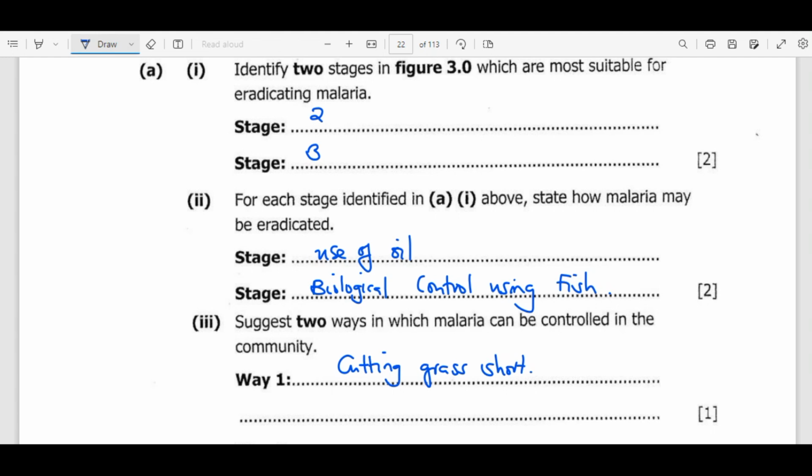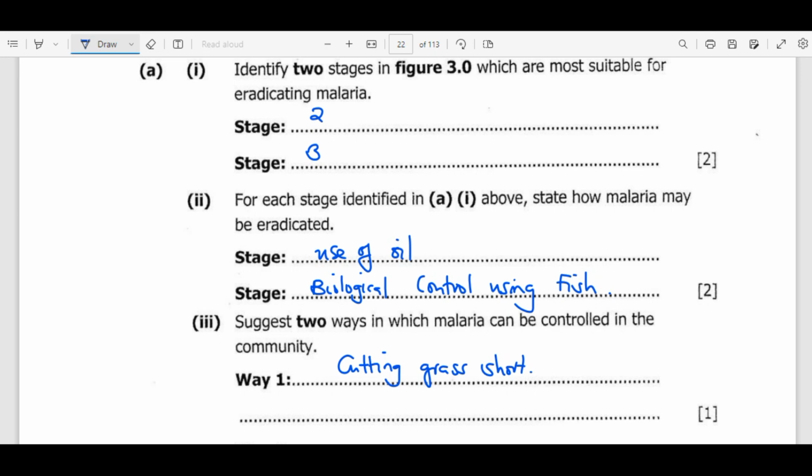And in an event that you've grown maize at home, it is very possible that you'll be suffering from malaria because that will be a breeding site for mosquitoes. So in order to eradicate malaria, we have to cut the grass very short.